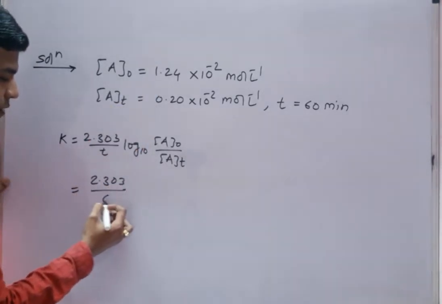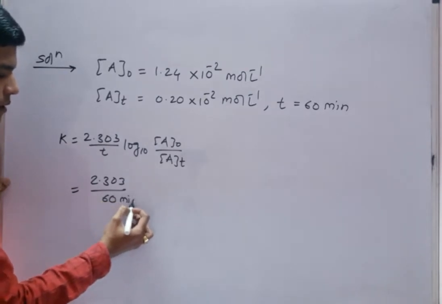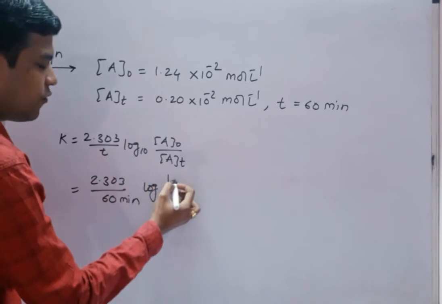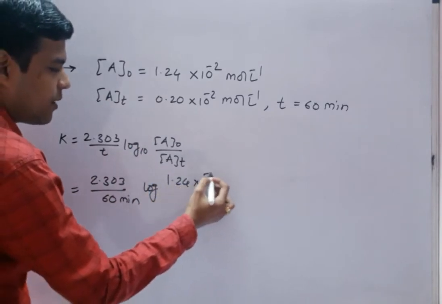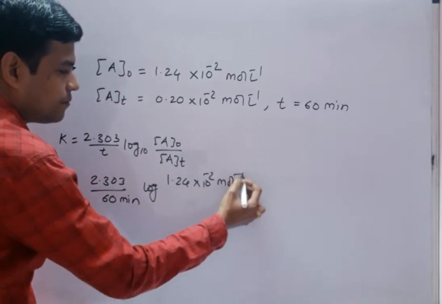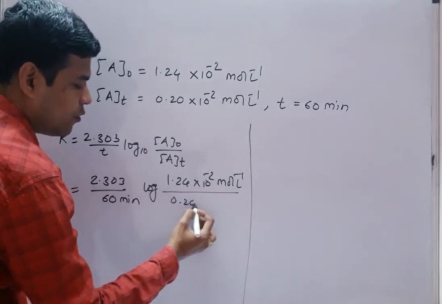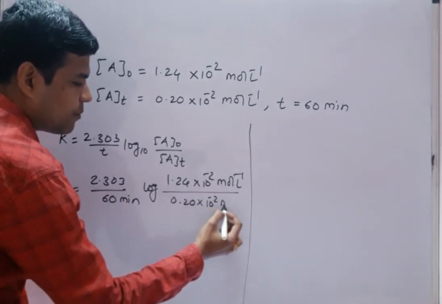So you can put your values here. 2.303 upon 60 minute, log of A0, 1.24 into 10 to the power minus 2 moles per liter, upon 0.20 into 10 to the power minus 2 moles per liter.